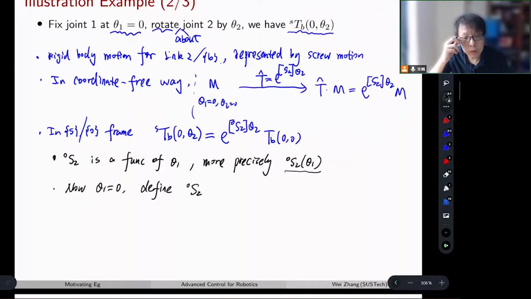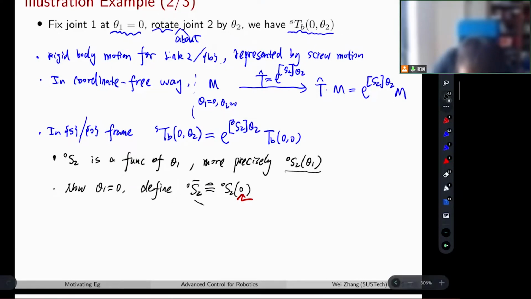In general, this symbol means the screw axis of the second joint and its coordinate in the inertial frame, but it depends on θ1. Since now we fix θ1 at 0, we can find numerical values for it. Let's call that S2 bar, defined as S2 in 0 when θ1 is 0.